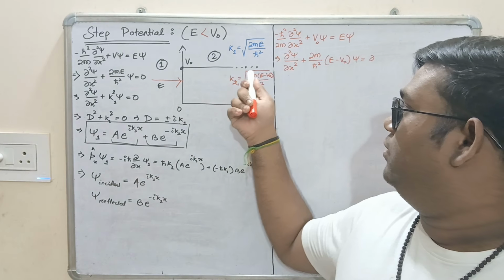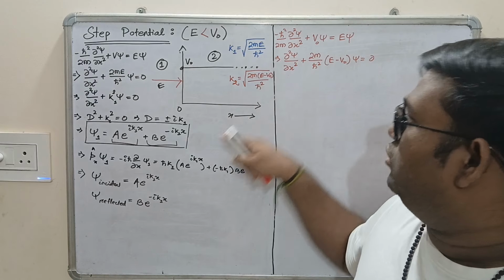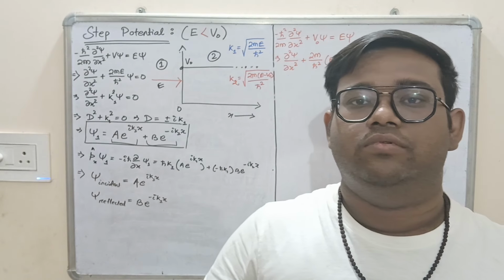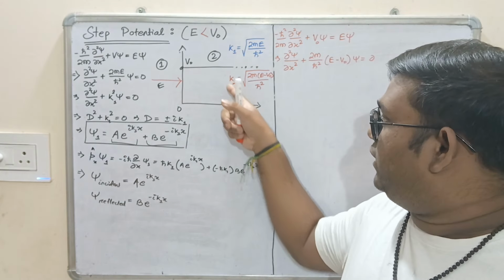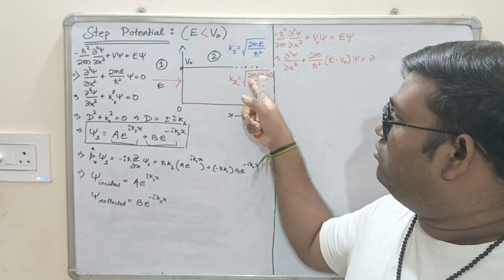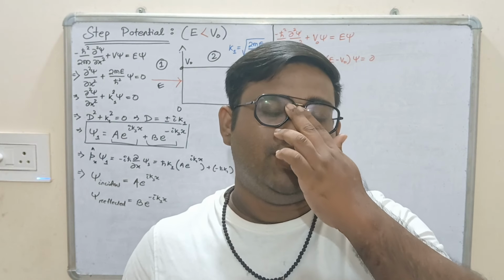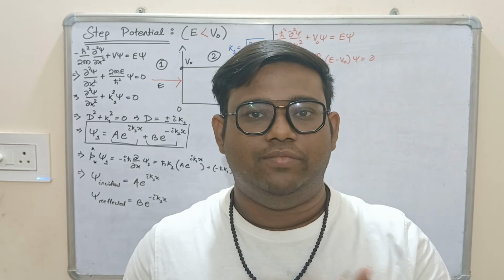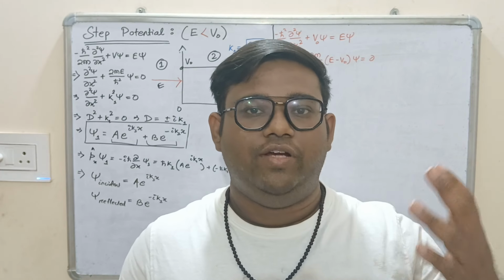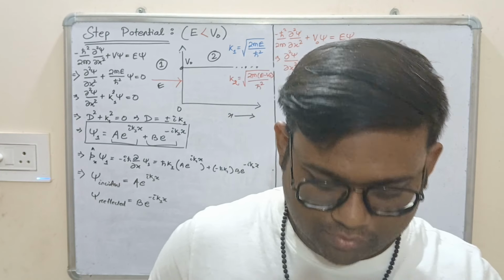In this region, if we use E minus V naught for k2, this will not work because this k2 itself will come out to be negative. So that is not a valid way to do the math here.